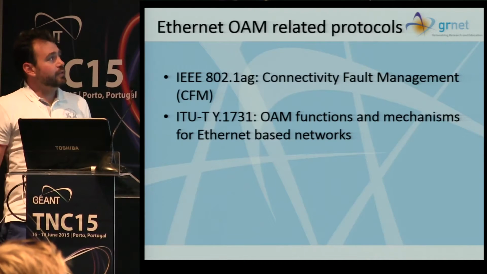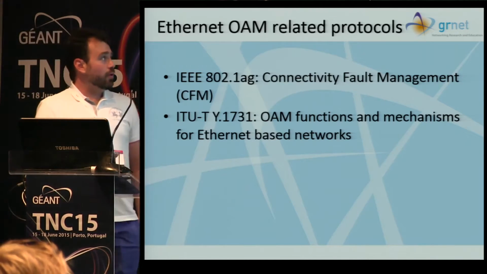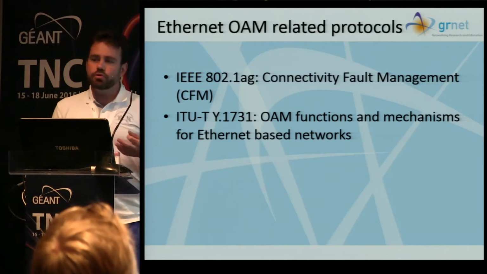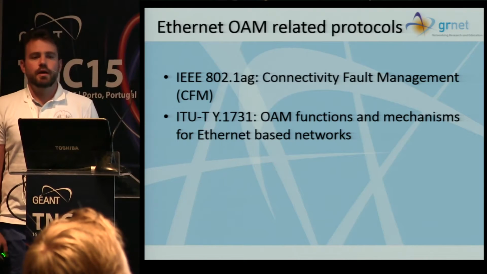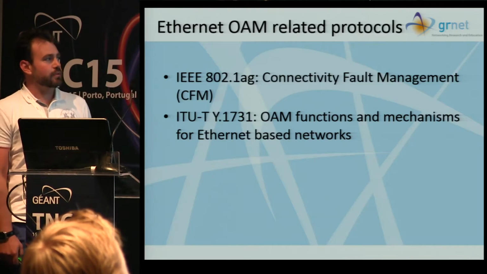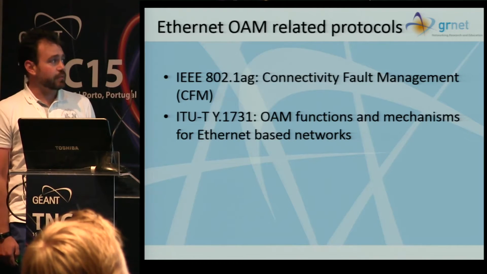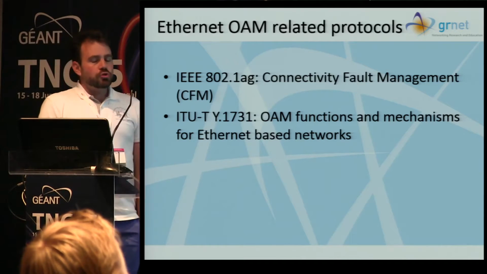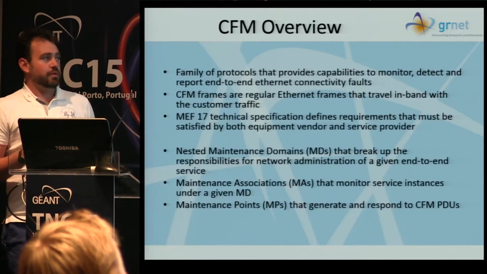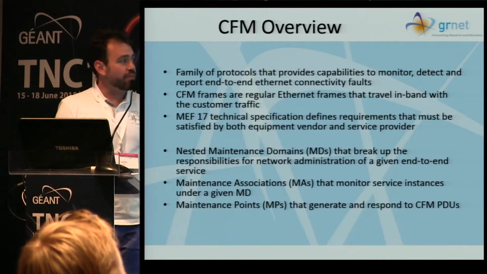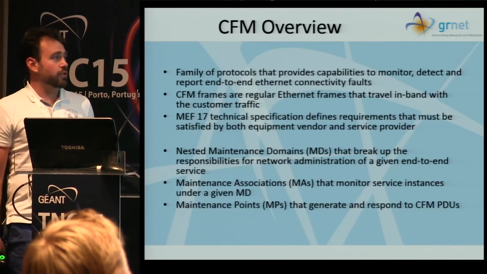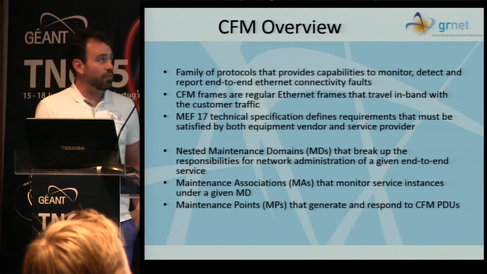Initially, IEEE created the protocol 802.1ag, which tackles mostly the connectivity fault management aspects, while ITU-T has been addressing performance aspects. In most of the vendors, both families are enabled, so it's not something new. You can have the functionality that you wish, and most of the time it's hidden. You don't know which implementation of those 2 is offered.